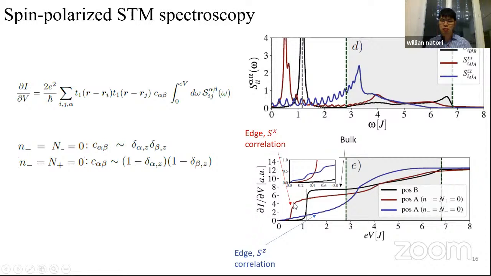So you will find something closer to this red line here. In both cases, you have something that's different from the bulk, and this reflects the different kind of excitations that you find on the borders and in the bulk.